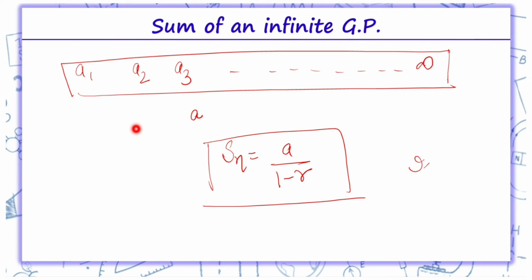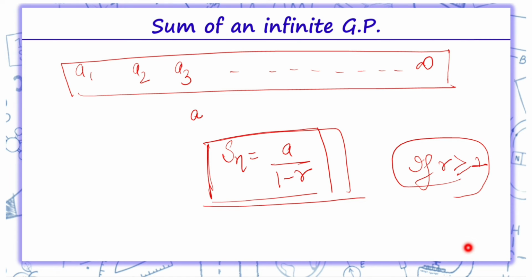So the sum is given by the formula A upon 1 minus R.